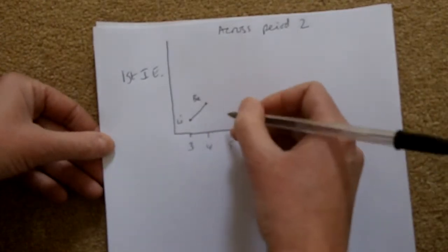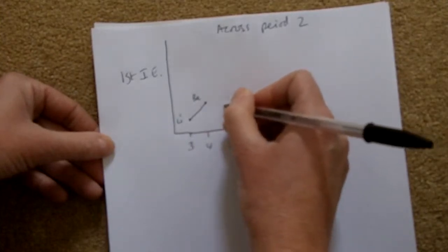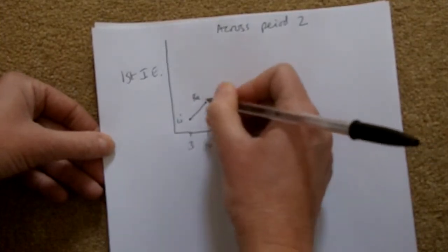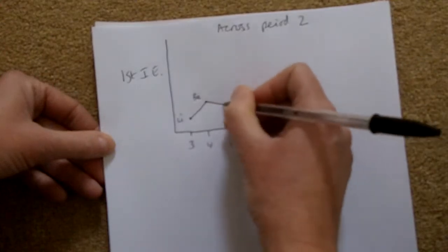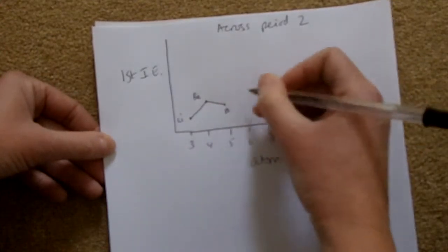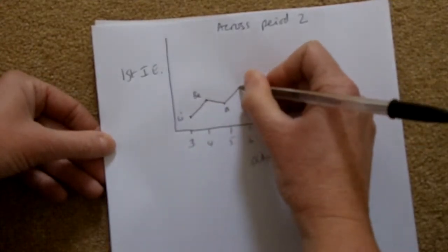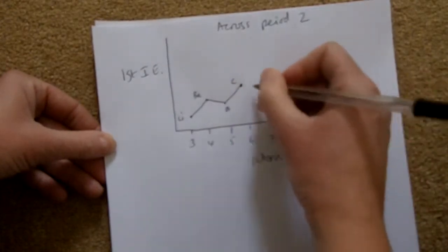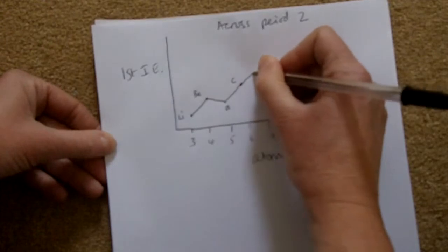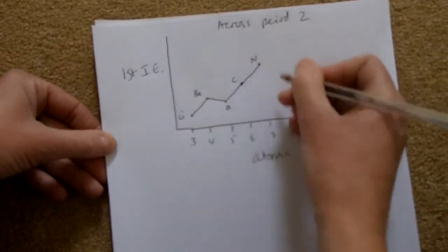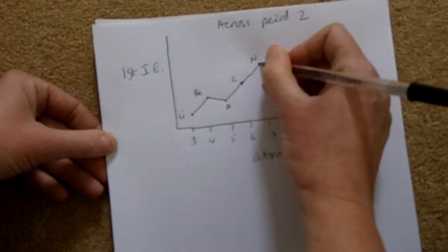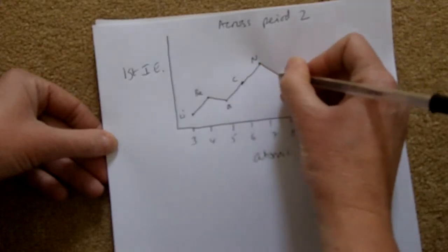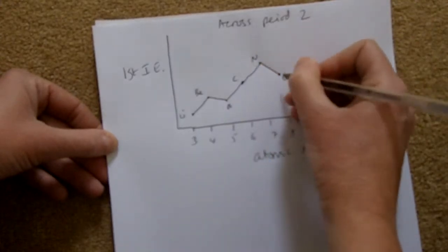Then something unusual happens, and for boron there is a really slight decrease. But then the trend continues again. Carbon, element 6, increases, and element 7, nitrogen, increases, but then for element 8, oxygen, there is a slight decrease.